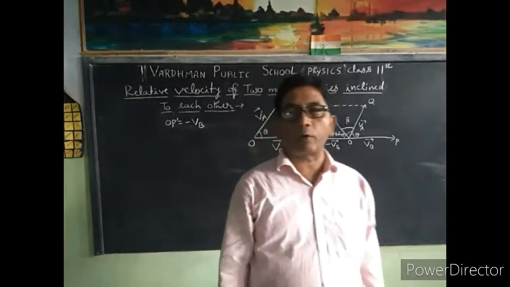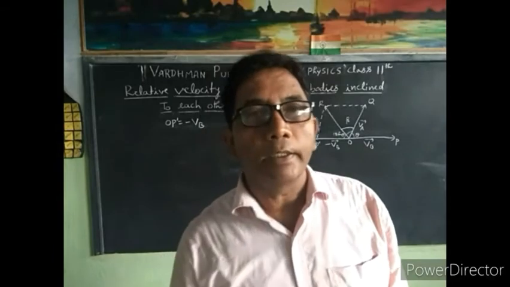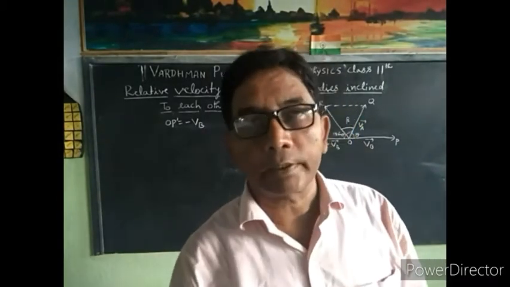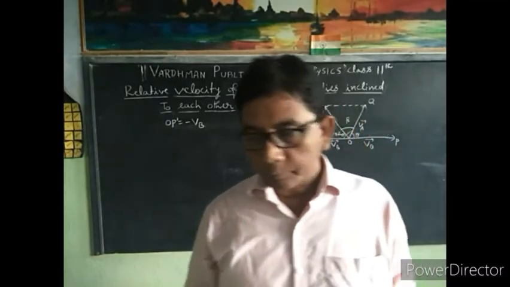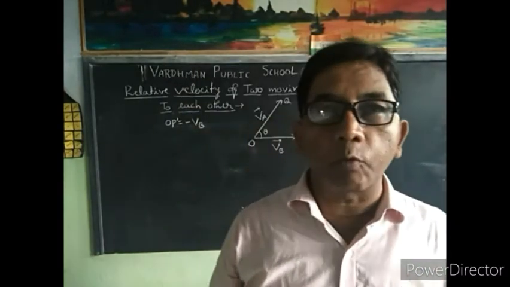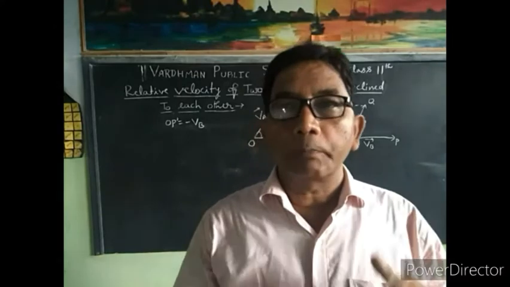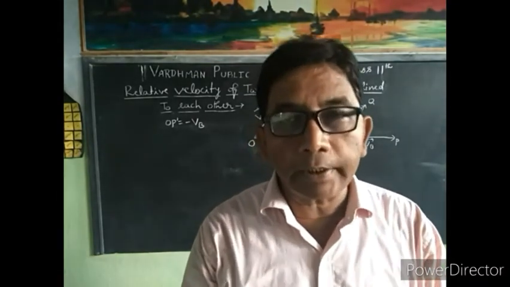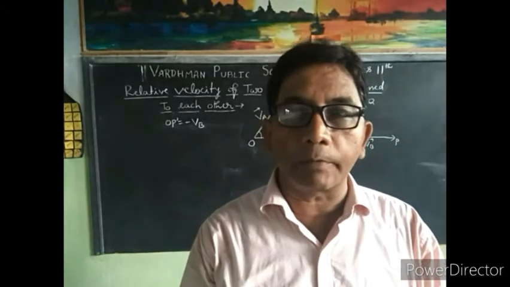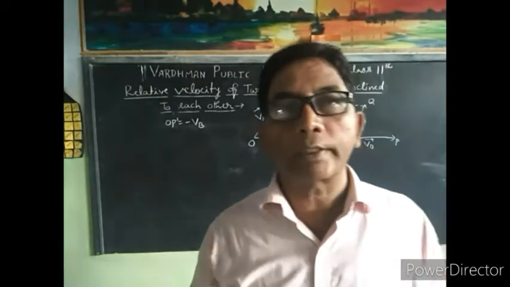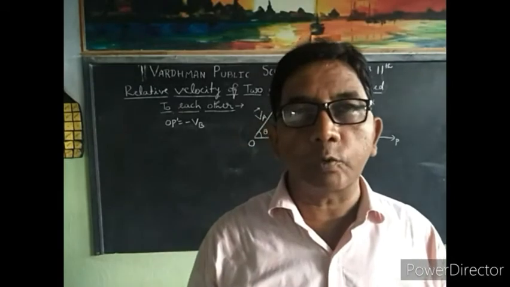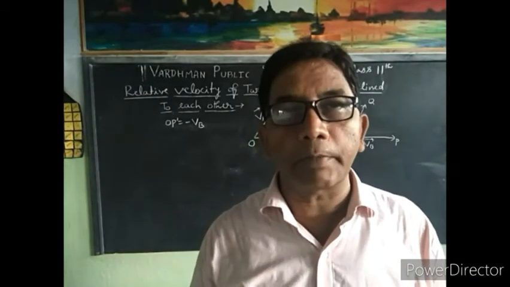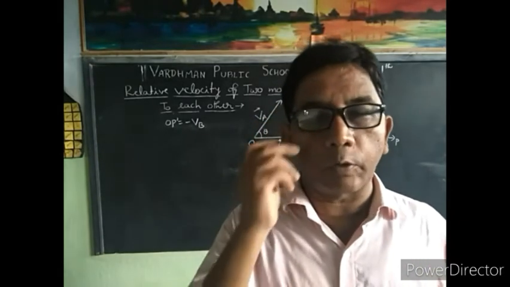We know the parallelogram law of vector addition: if two vectors are represented in both magnitude and direction by two adjacent sides of a parallelogram, then their resultant is represented by the diagonal of the parallelogram.